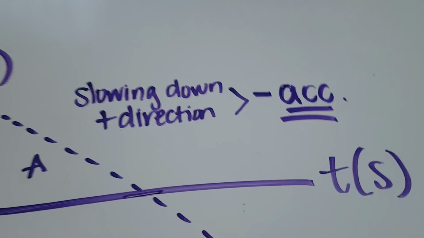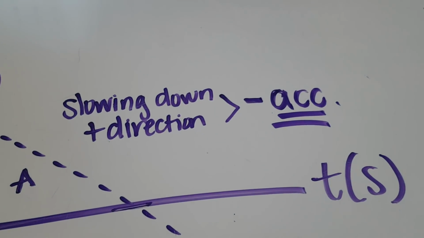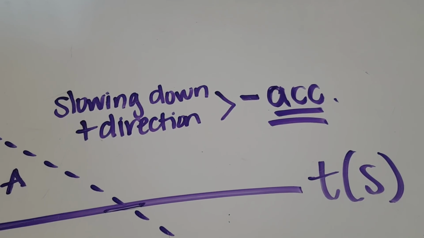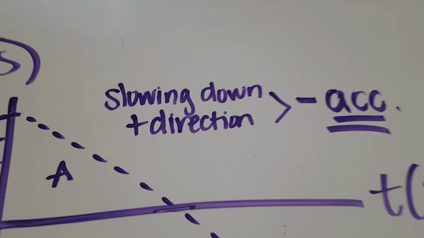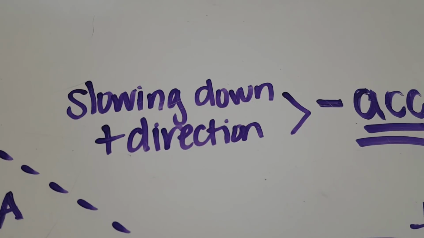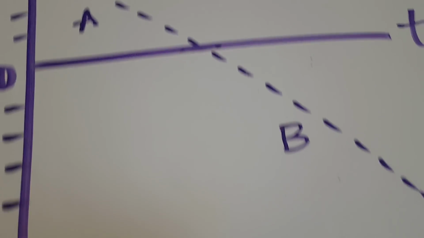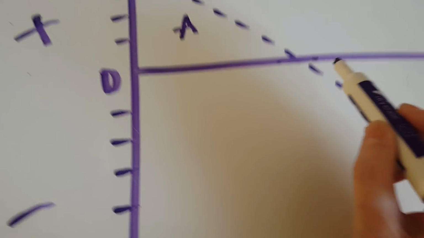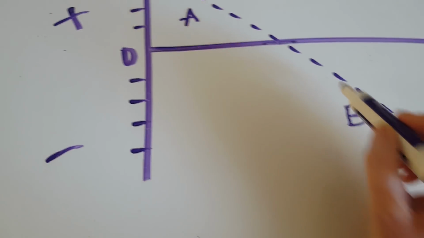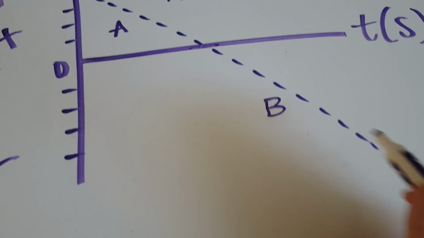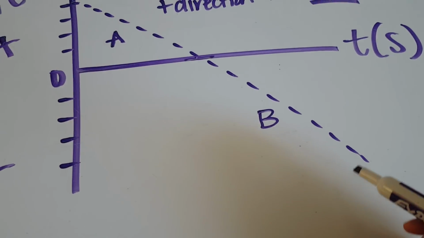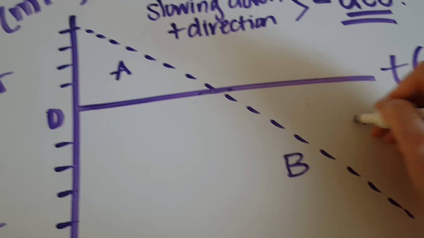Now, I want to repeat. The negative acceleration has nothing to do with the direction alone like it did in velocity. It has to do with a combination of slowing down and in the positive direction. Because check out part B. Part B here is going from 0 meters per second to negative 4 meters per second. So that's from 0 to 4. If you go from nothing to something, guess what?